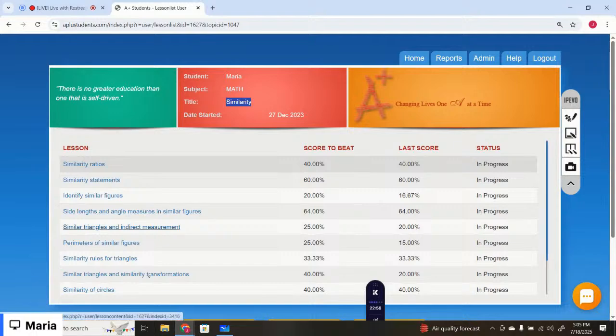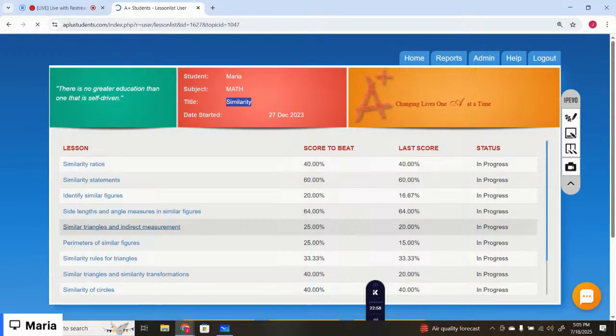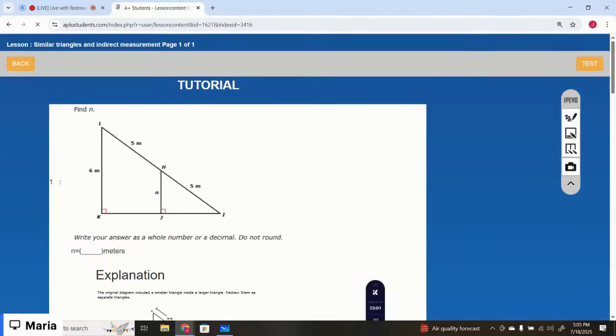Similar triangles and indirect measurement. Find n.